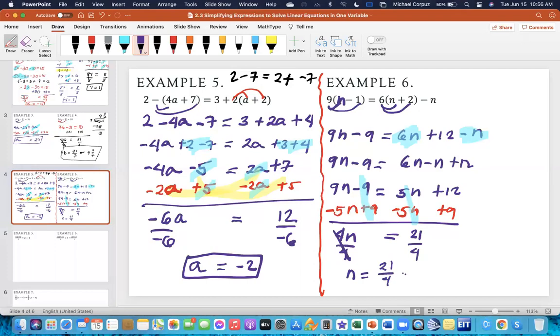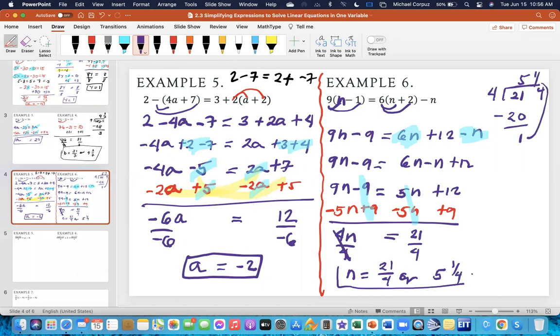You cannot divide it evenly, but you can make a mixed number. So let's divide this. 21 divided by 4. We have 5. Okay, 5 times 4, 20. 21 minus 20, we have 1. So we have 5 and 1 over 4. This one goes on the numerator and 4 is your denominator. So we have n, which is 21 over 4, or 5 and 1/4.